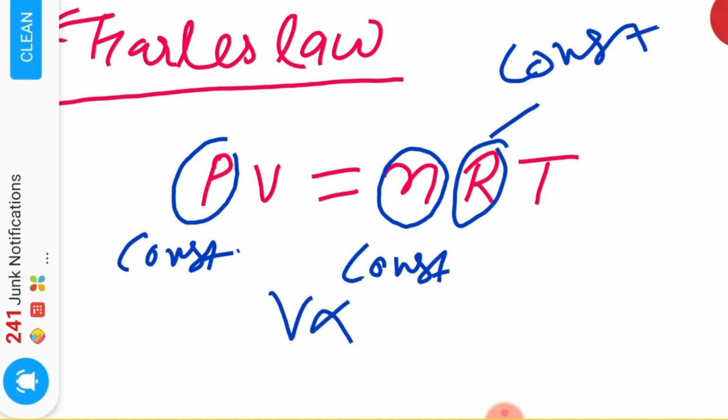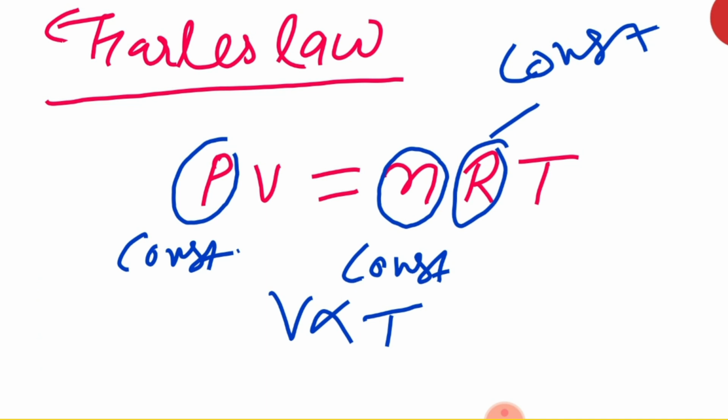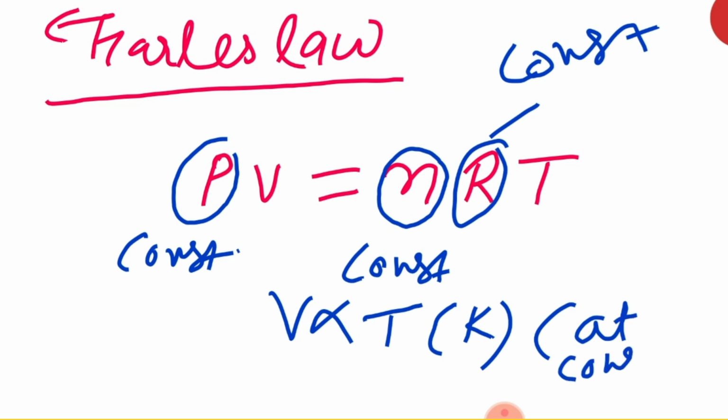V is directly proportional to T. And remember, this temperature is in Kelvin, at constant number of moles and pressure. Is that clear? So this is Charles law.